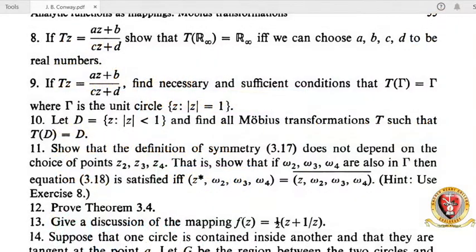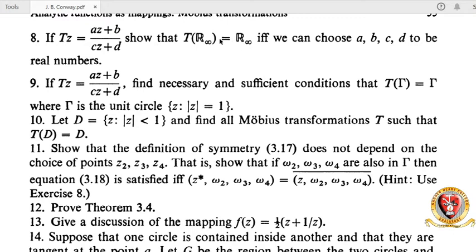questions from the exercises. And the first question we are going to deal with is question number 8, which is a very simple question. It says that suppose we are given the Mobius transformation T of Z is equal to AZ plus B divided by CZ plus D. We have to show that the image of the extended real line, so we are taking Z only from the real line, so the image will be, the range set will be nothing but the extended real line.